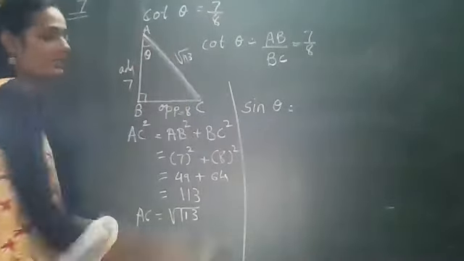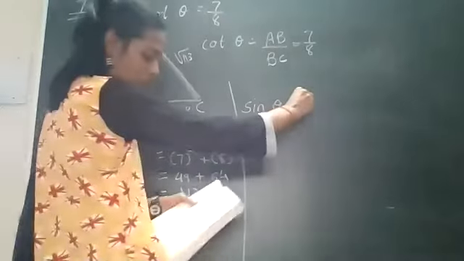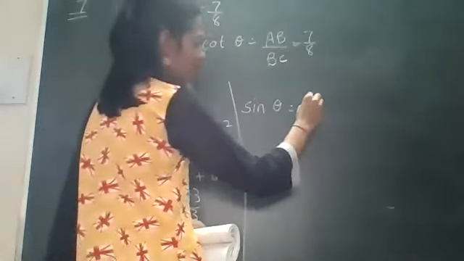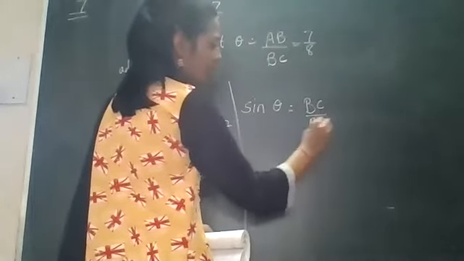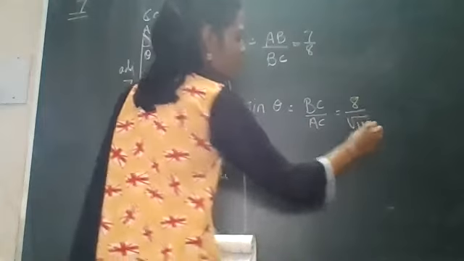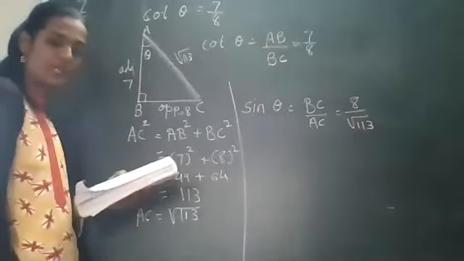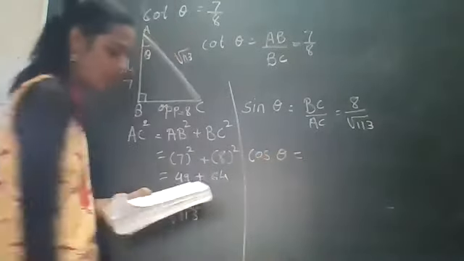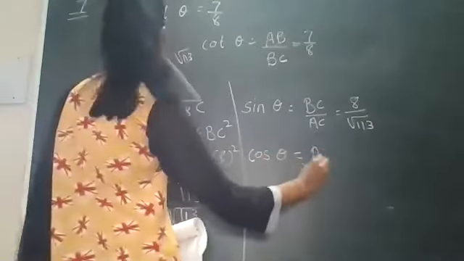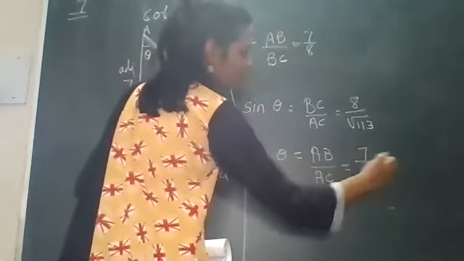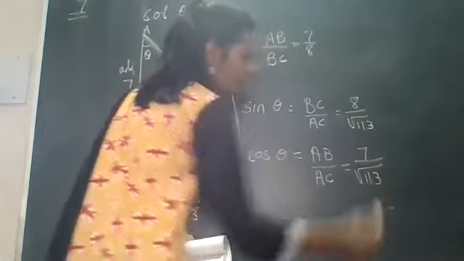Opposite is BC, so BC upon AC is equal to 8 upon under root of 113. Now cos theta. Cos theta is equal to AB upon AC, which is 7 upon under root of 113.